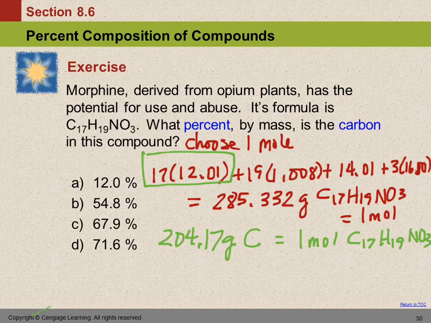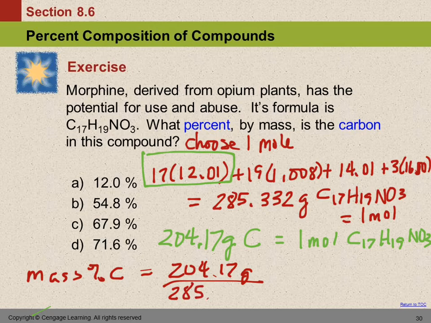So I found the mass of carbon in 1 mole of morphine, and I found the mass of 1 mole of morphine. So now we use the equation, and we take the mass of carbon, so the mass percent of carbon equals the mass of carbon, 204.17 grams, divided by the mass of the whole substance, 285.332, times 100.